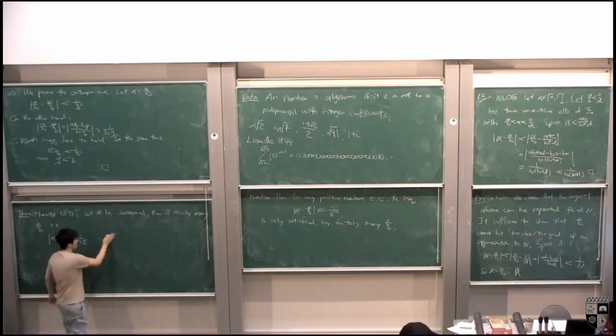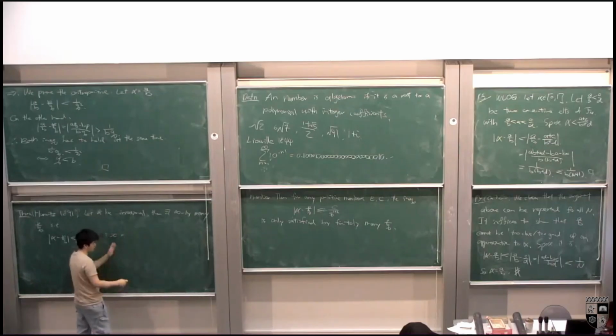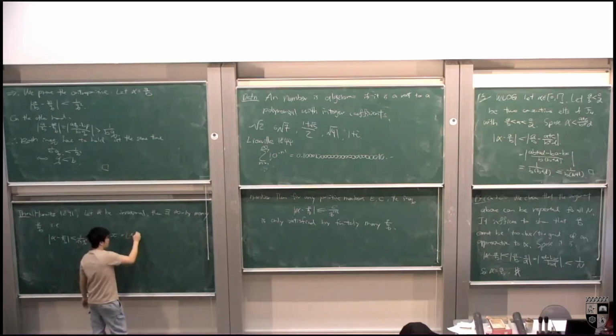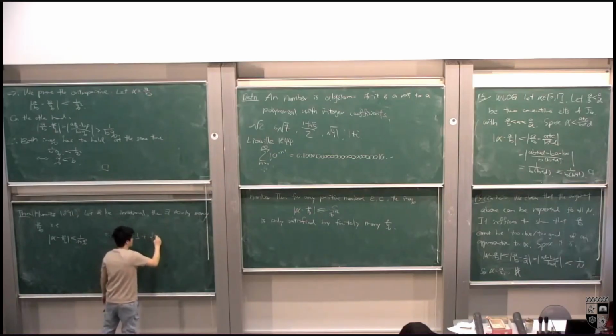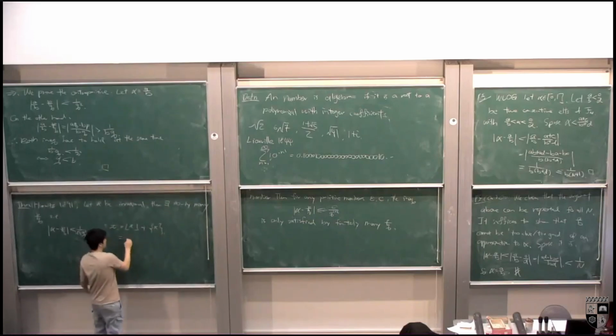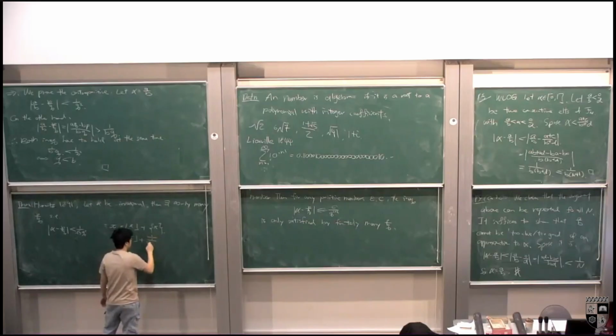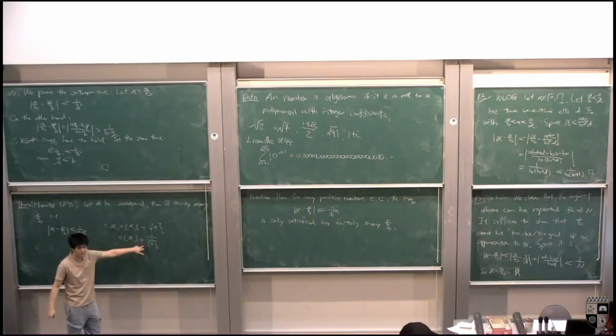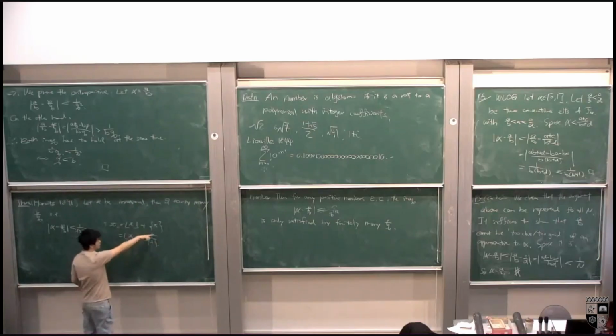So we have pi, I write it like this. I take the floor, and I write the fractional part. Then I write 1 over the fractional part. This guy is now an integer, because 1 divided by a number smaller than 1 gives you an integer.